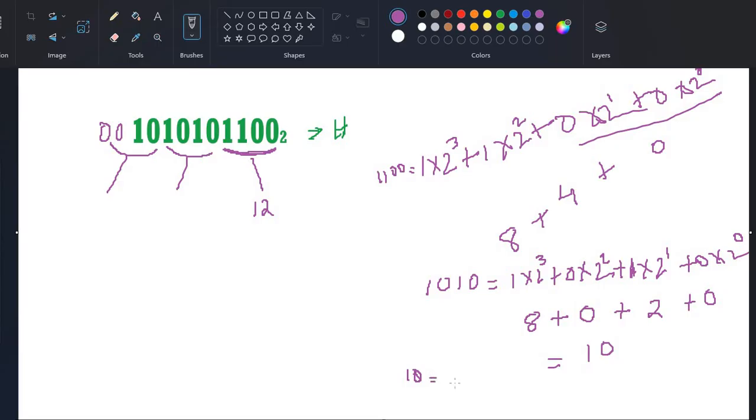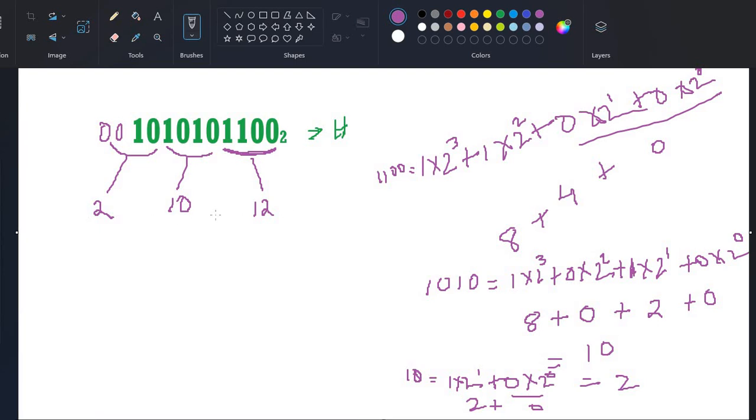How will we calculate this? 1 into 2 plus 0 into 2, 2 to the power 0, 2 to the power 1. So how much will be the value? This is 0 plus this is 2. So 2. So here we will get 10 and here we will get 2.